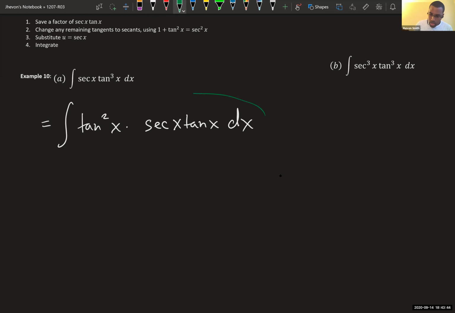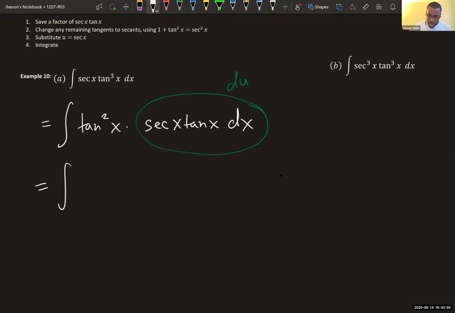This is the guy that you're going to save to be your du, which means if secant tangent is the du, it means that secant must have been the u, which means we need to change that other tangent to secants.